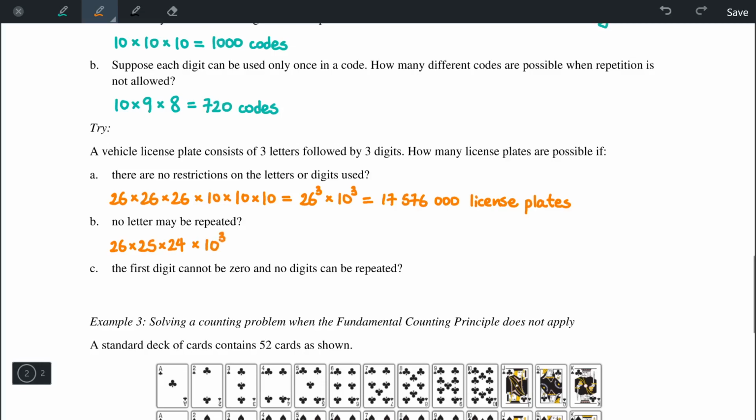And then, again, we can just go through with the calculator. Once again, 26 times 25 times 24 times 10 times 10 times 10. And that will give us 15,600,000 license plates. Okay. So as we expect, the number of license plates is smaller.